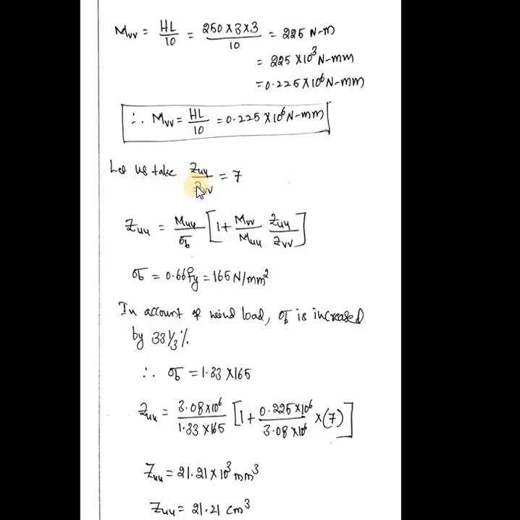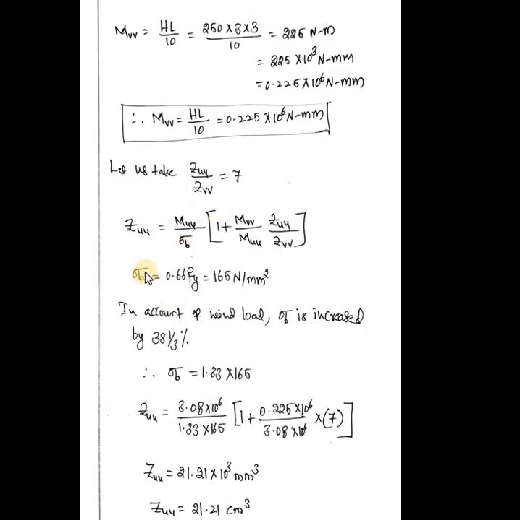Just now we discussed some ranges are there. Coming to ZUU by ZVV, I am assuming 7 because we are discussing a channel section now. After assuming the ZUU by ZVV value, 7, what is our next requirement? Only sigma B. This is the bending stress.